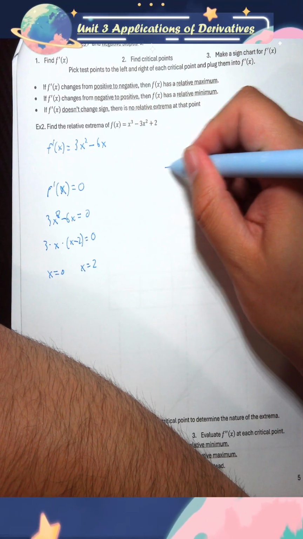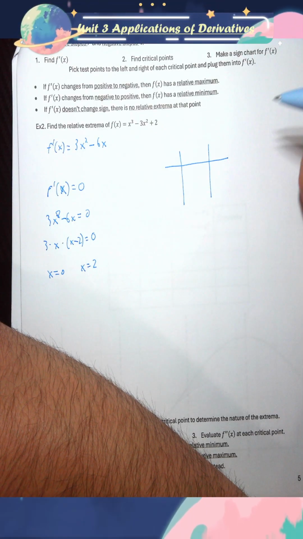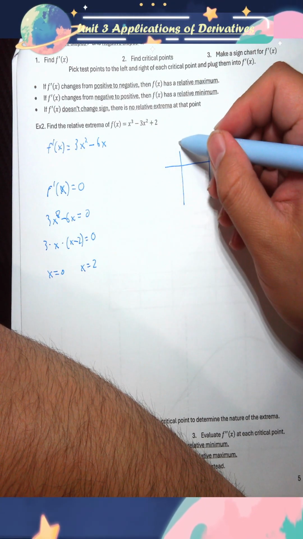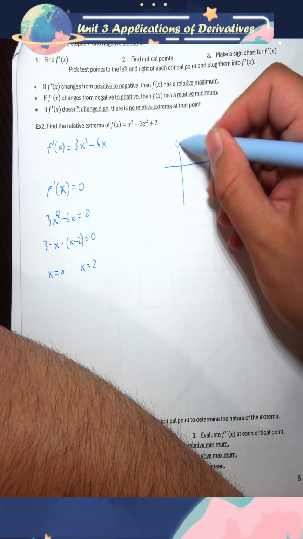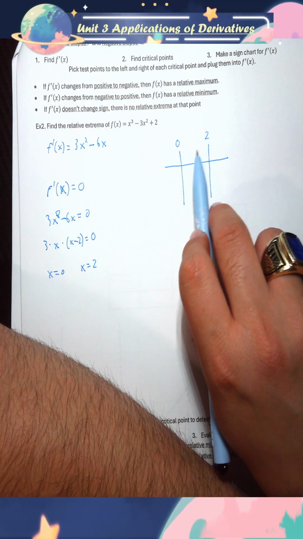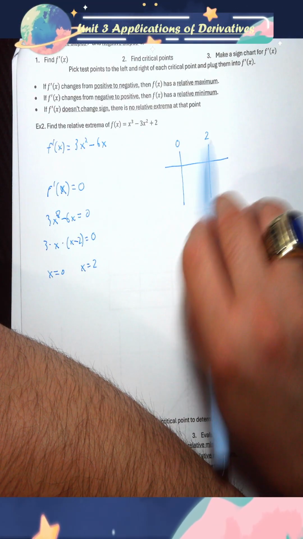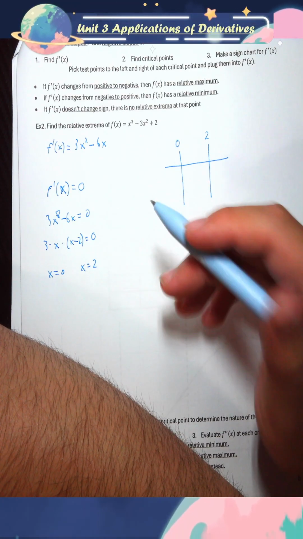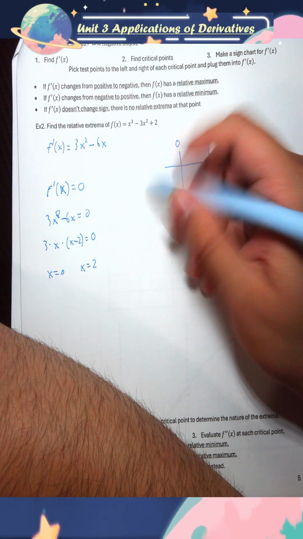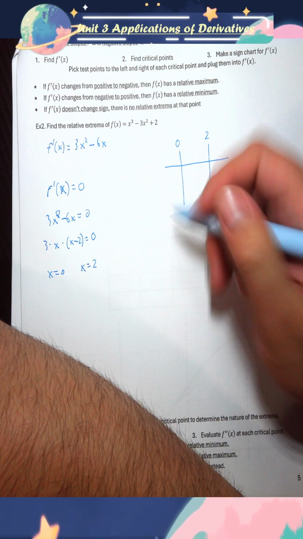What you're going to do is go ahead and mark the critical points, so 0 and 2. And then you're going to pick values in between and on the outsides of 0 and 2 that are easy to evaluate, and quickly gauge the sign of the function.